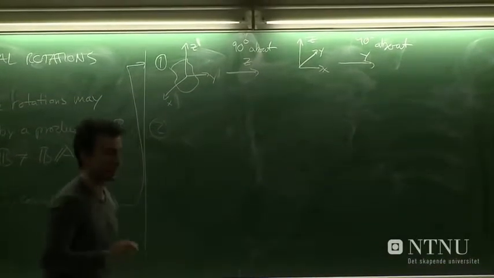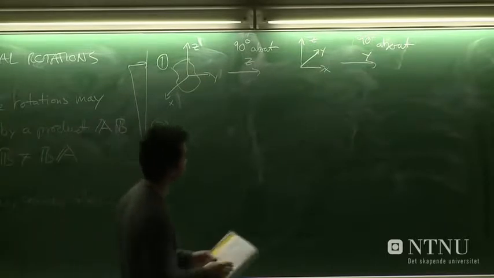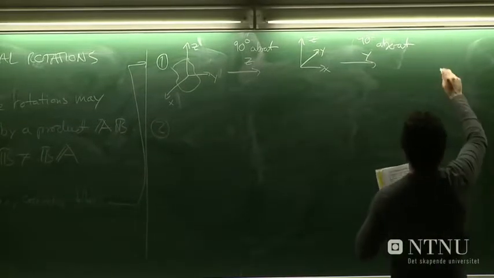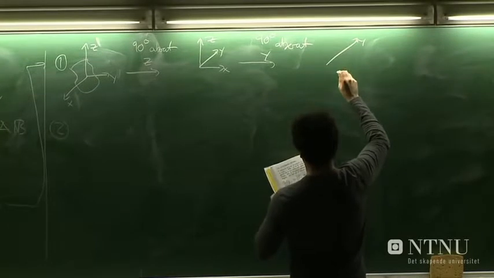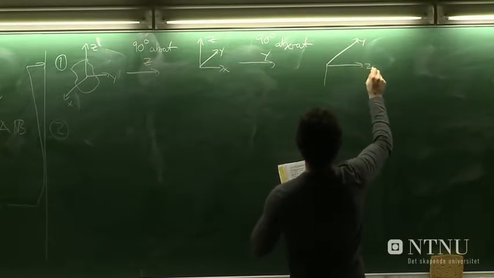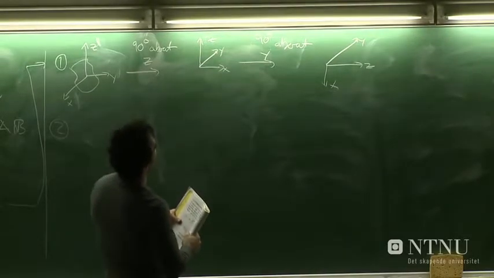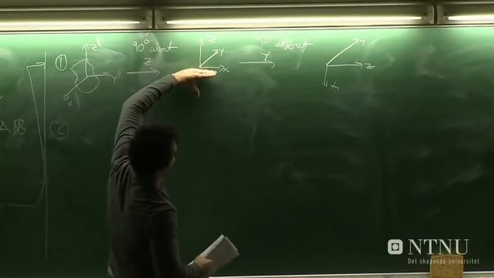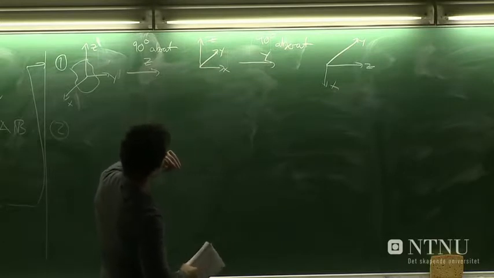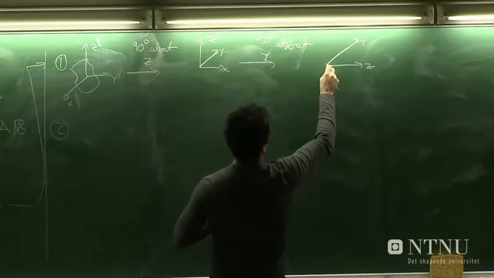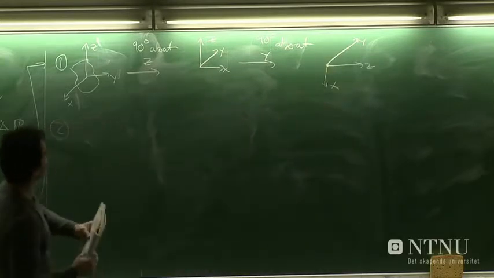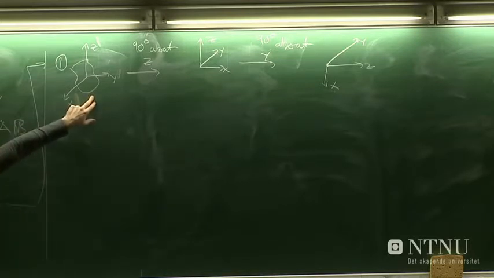And the next rotation is 90 degrees around y. So I'm taking this, rotating it down like this. So this is the final coordinate system, in which there is some arbitrary asymmetric object.